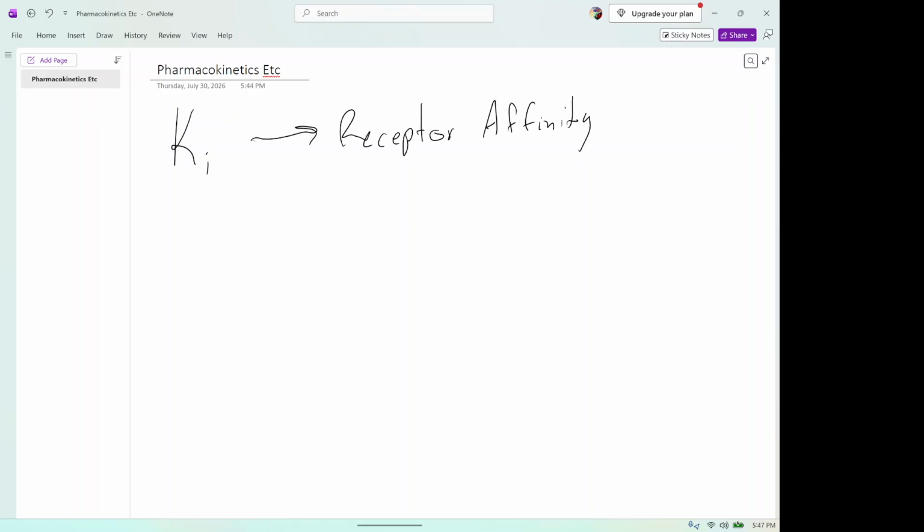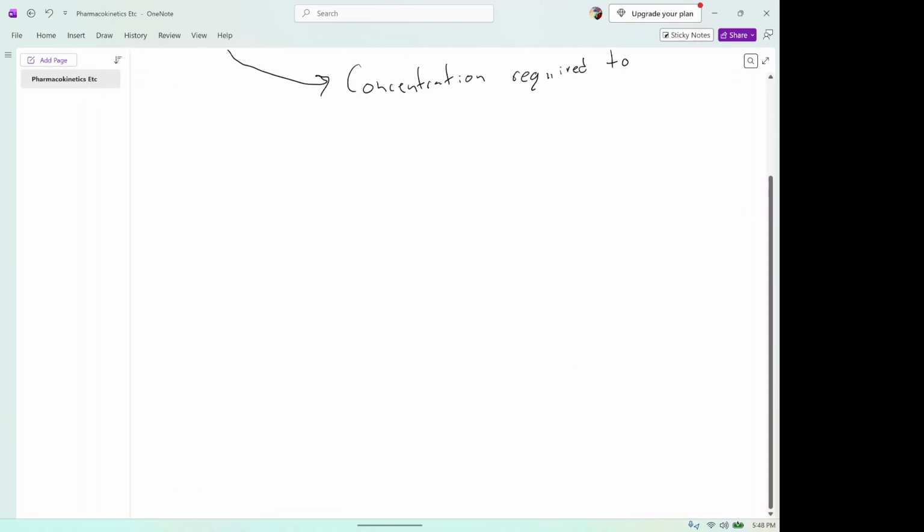However, what Ki really means is it's the concentration required to occupy 50% of receptors.